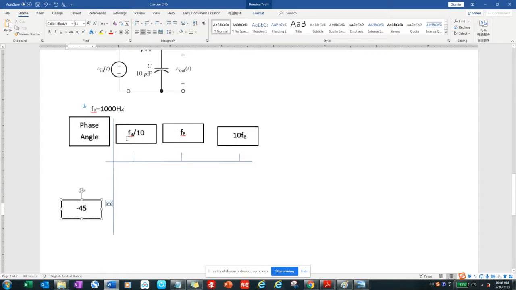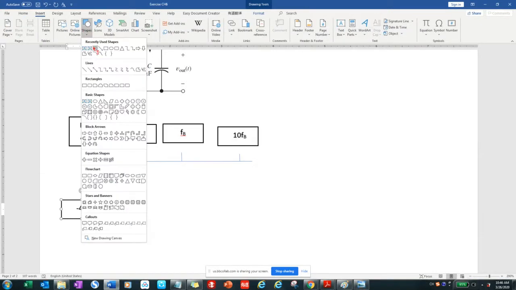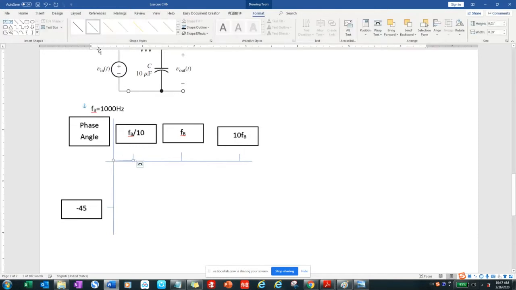If your frequency is less than FB over 10, we can just think that it is 0. So we can draw a line. For less than a tenth of FB, it is equal to 0. So this is all this part.